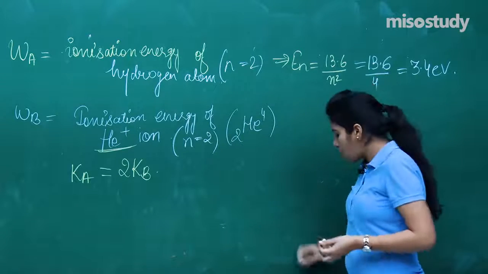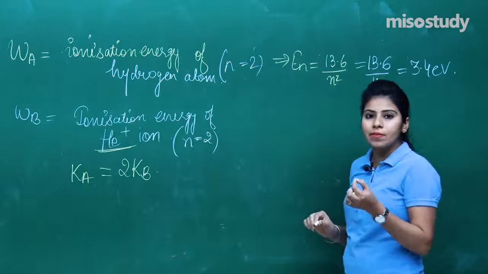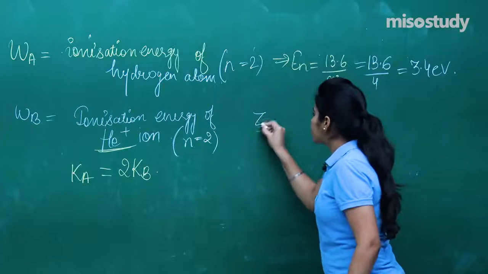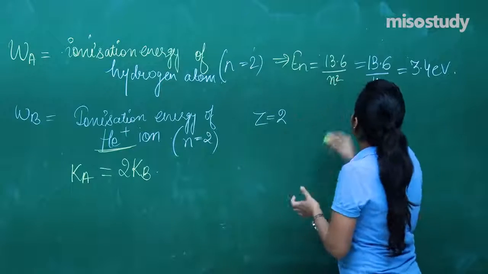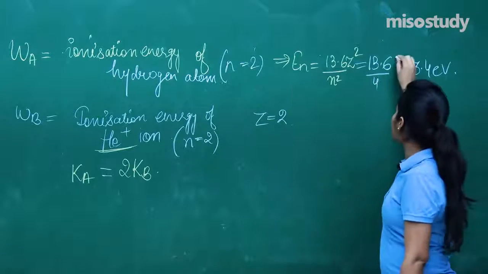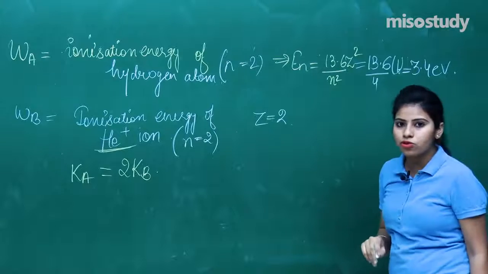We are not bothered about the ion, just concentrated on helium, whose atomic number is 2. You can write Z square also. For hydrogen, Z was 1, which is why we had 3.4 electron volt.